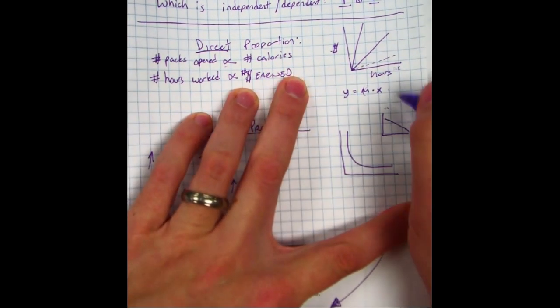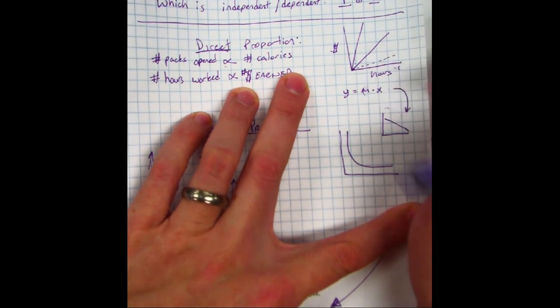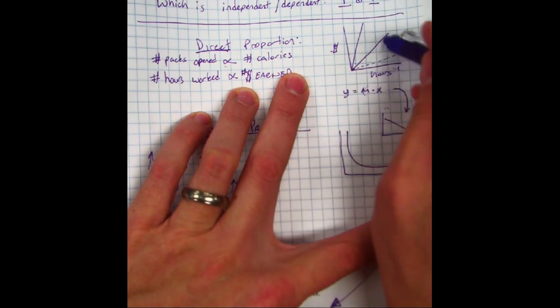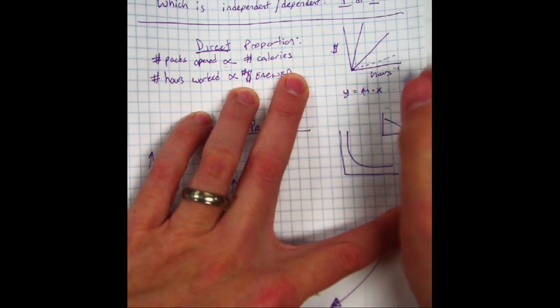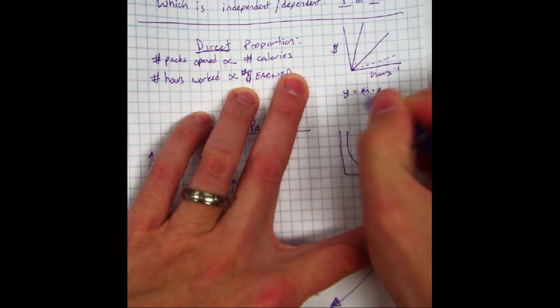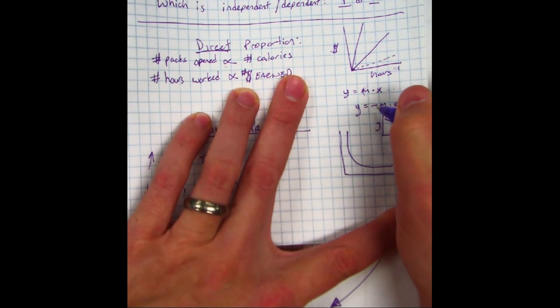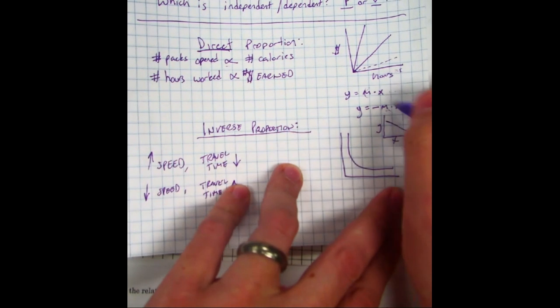So if you remember back to algebra, maybe you don't, but this kind of graph doesn't come from y equals m times x. That's why we get an increasing slope. To get a decreasing slope, we have to say y equals negative m times x. So we're saying that instead of increasing by some amount, we're decreasing by some amount each time we increase x. So that's how you get this.